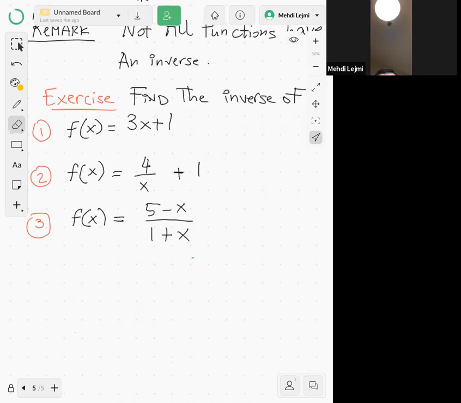Well, his denominator is 1 minus x. I'm not sure, but I think there's a problem with the sign. I have to solve the problem. I don't have the answer, but I think there's a problem with the sign.